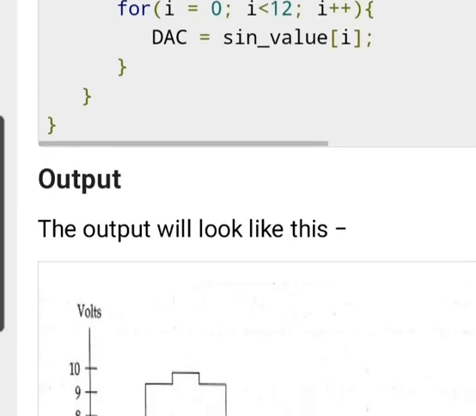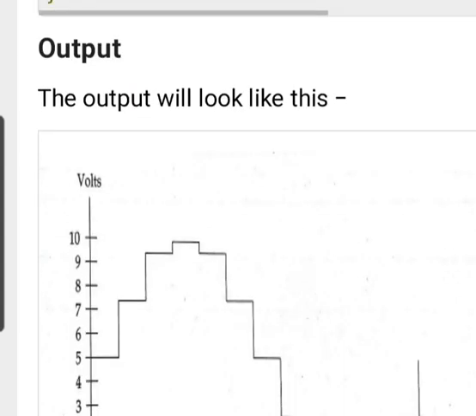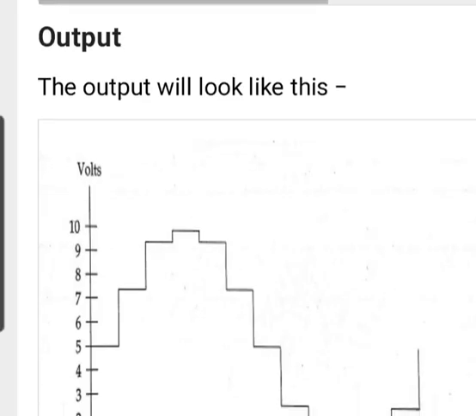So this is a simple program, or we can say a source code, and the output will look like this. So you just write down this code.